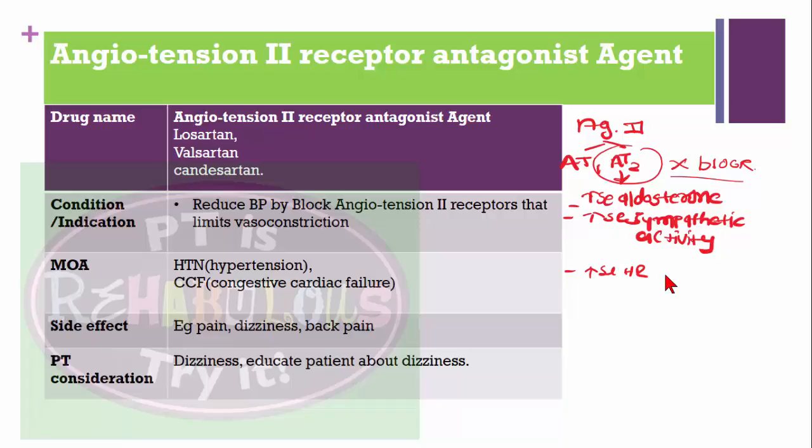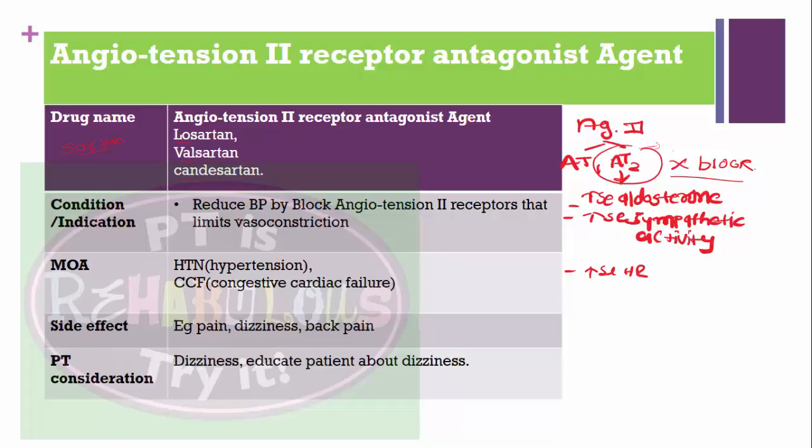That's why it is known as an angiotensin II receptor antagonist agent. For drug names, just remember sartan: losartan, valsartan, candesartan.